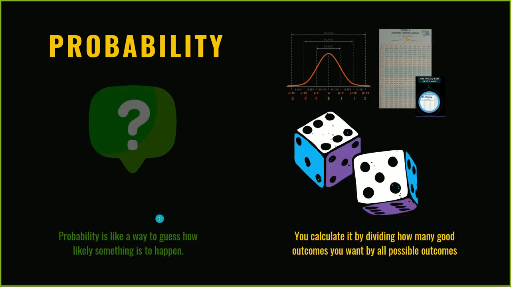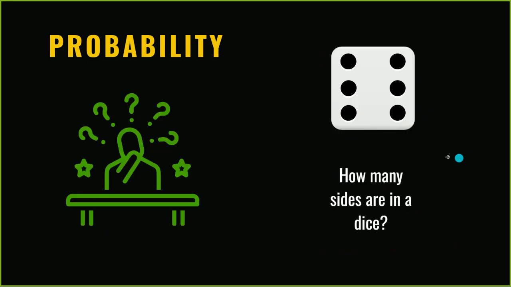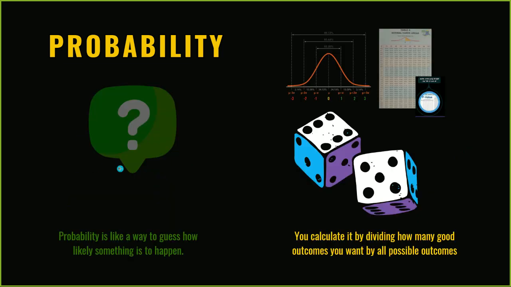Now, probability is a way to guess how likely something is to happen. You calculate it by dividing the good outcomes over all the possible outcomes. So if I was to look at a metric and I said, okay, I want to be able to kick a field goal 1 time out of 4, so I want to at least have one good opportunity over a total of four opportunities.